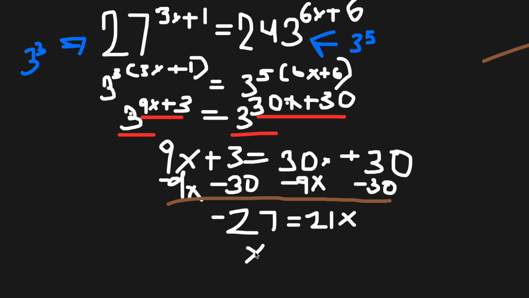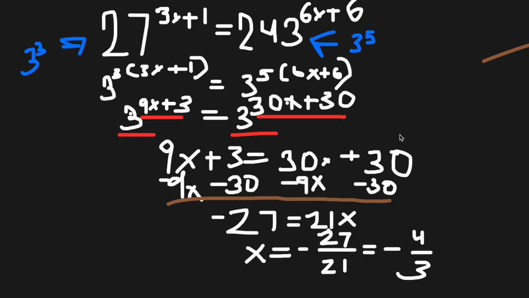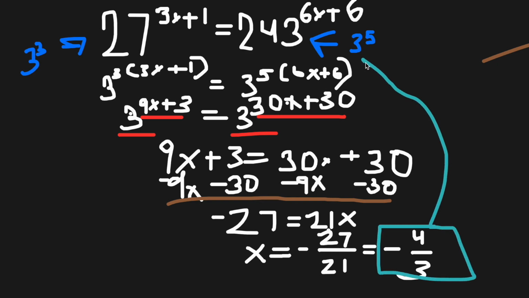Simplifying, x is going to be negative 27 over 21, which we will simplify as negative 9 over 7. And that is going to be our answer to this question.